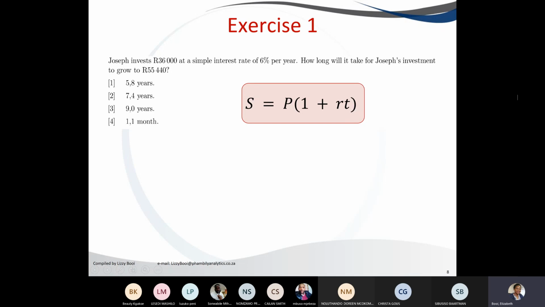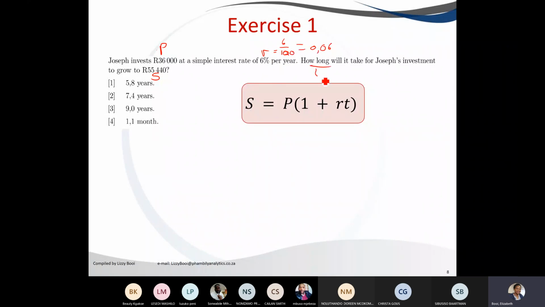Okay. We said this is our present value, this is our future value, this is our rate, which is 6 divided by 12 divided by 100, which equals 0.06.